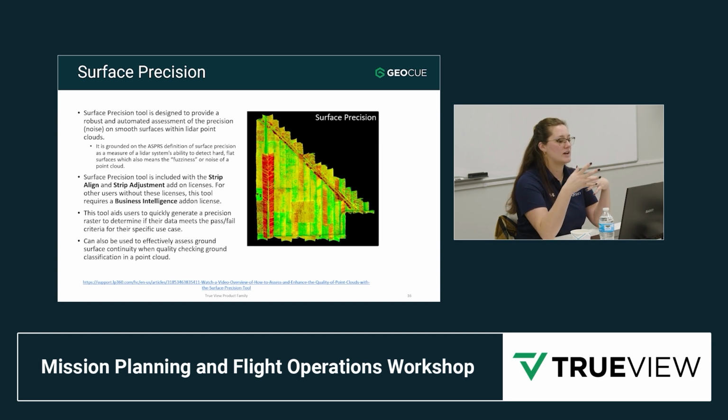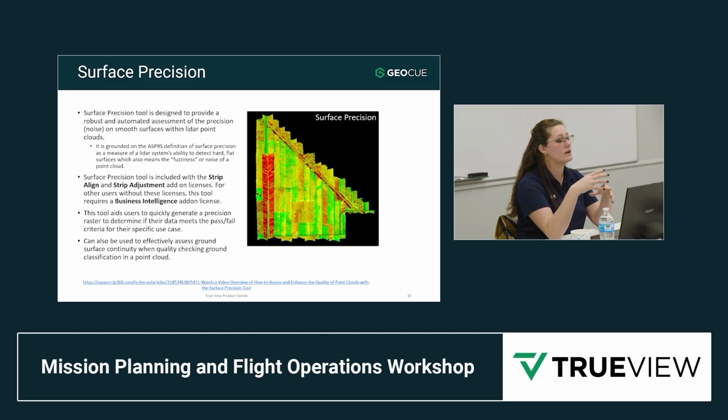This can also be defined as the fuzziness of your point cloud. When running this tool, it follows the ASPRS definition of surface precision, specifically that it is a measure of a LiDAR system's ability to detect hard, flat surfaces.